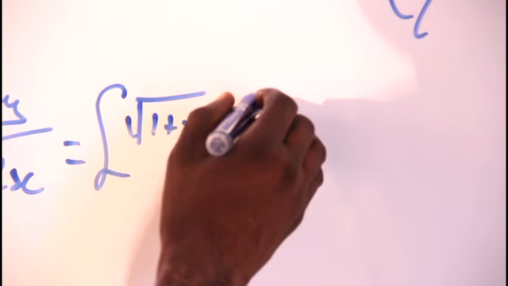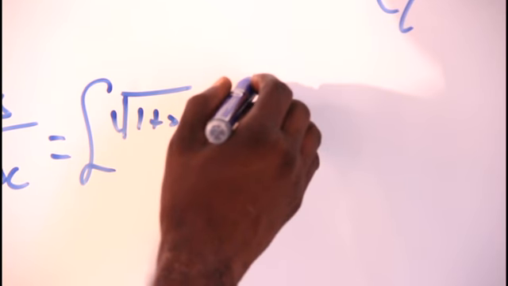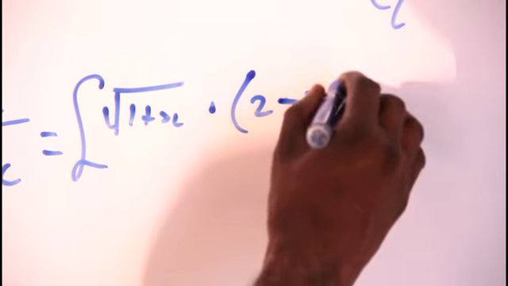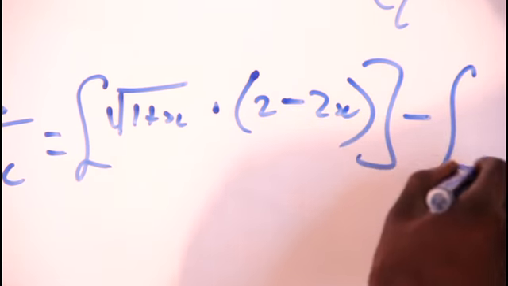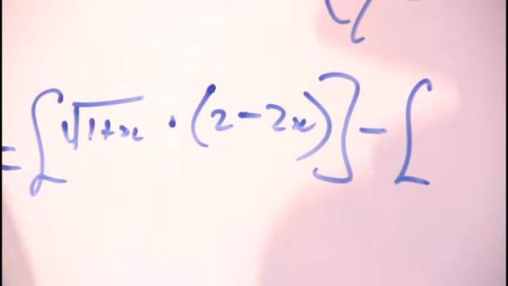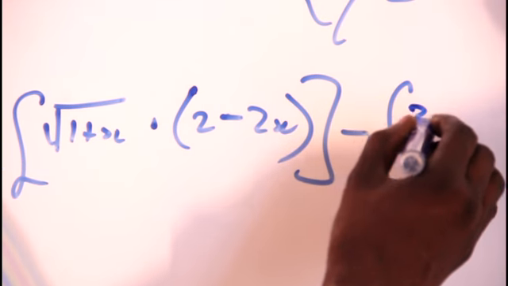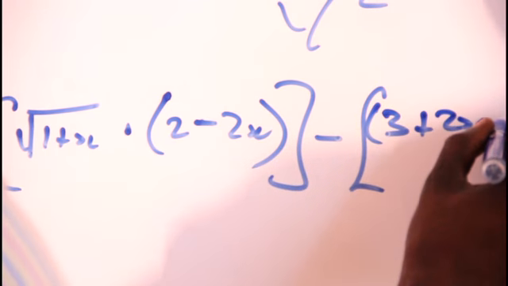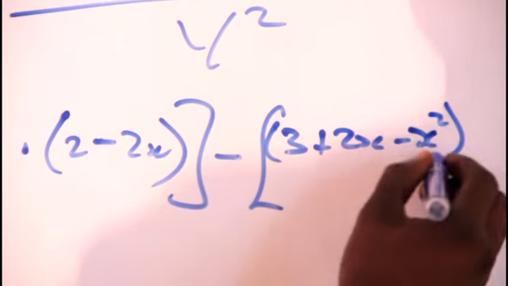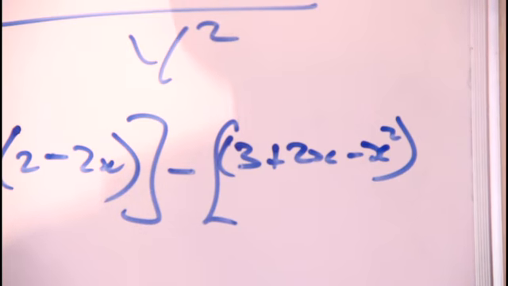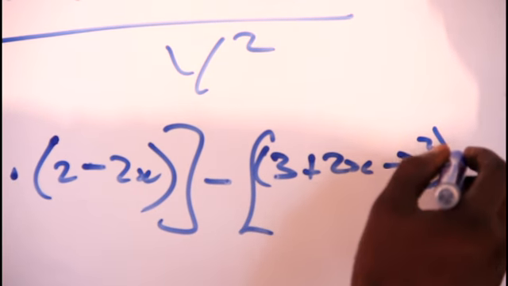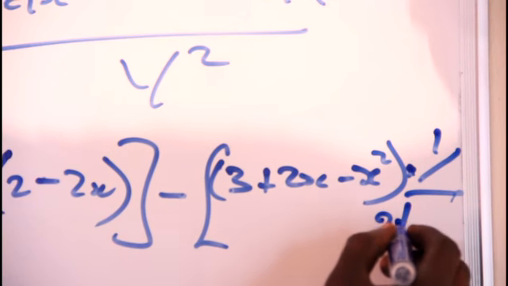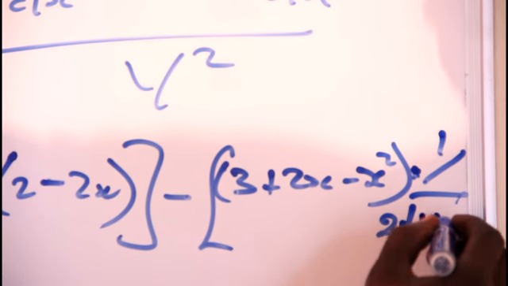What is our du over dx? Our du over dx is 2 minus 2x. Then minus our u. What is our u? Our u is 3 plus 2x minus x squared, times our dv over dx, which is 1 over 2 root 1 plus x.